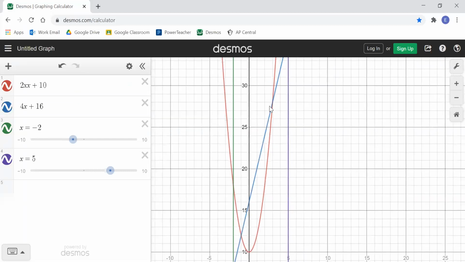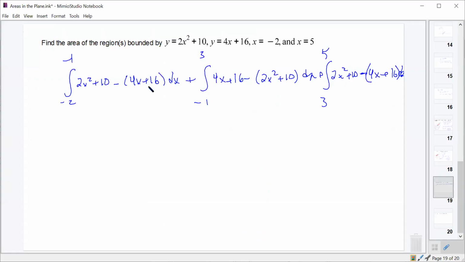Then from -1 to 3, the line is above the parabola, so it's got to be the line minus the parabola. And then from 3 to 5, the parabola is back above the line, so it's got to be the parabola minus the line. So we got parabola minus line, line minus parabola, parabola minus line, and then each of the different intervals on which that was true. Okay, got it. Thank you.